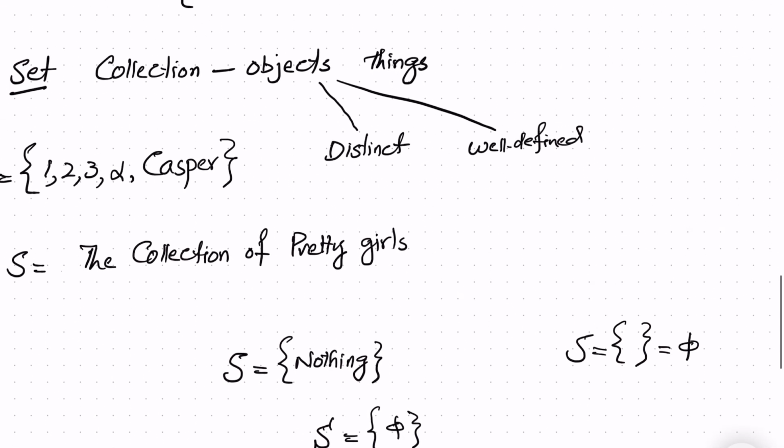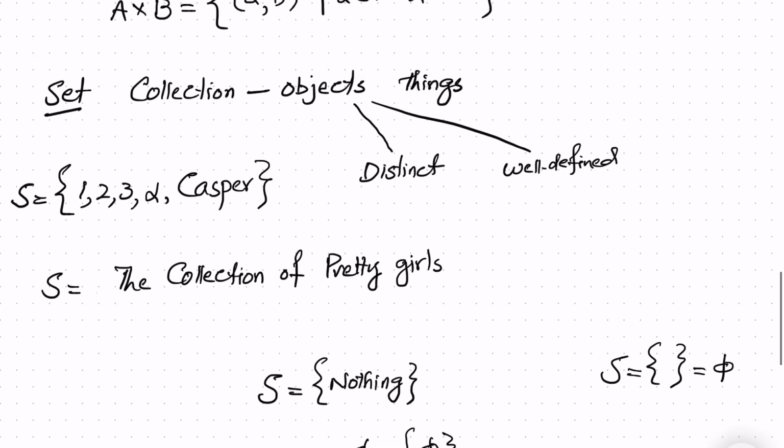Okay. So you can get some idea that when we define a set, you cannot just take anything. But most of the time, we will not be talking about these kinds of objects. We will make sure that this set, what we are making, everything is distinct and well defined, so there is no confusion in the set.